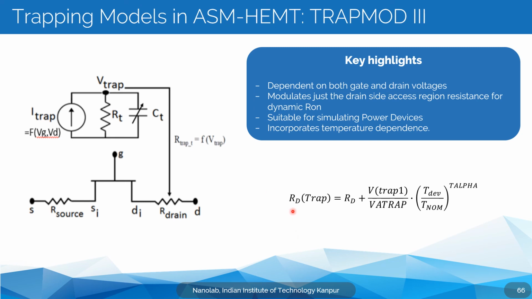The goal here was to capture the dynamic RON accurately, and for that we also have a temperature dependence, as temperature is really important in power devices since they tend to heat up very much, and there should be a proper temperature scaling even for trapping. So that's what we've done with this model. Again, this model depends on both the gate voltage and the drain voltage, and it affects only the drain side of the access region resistance.